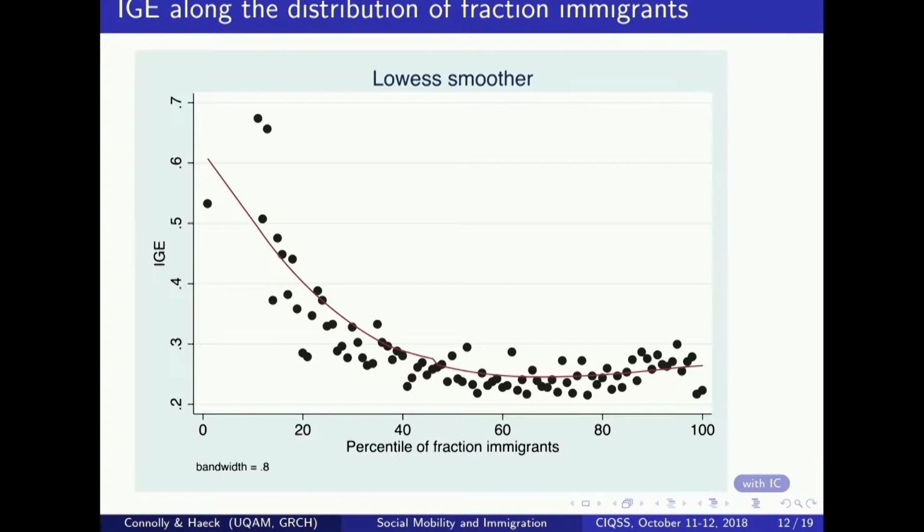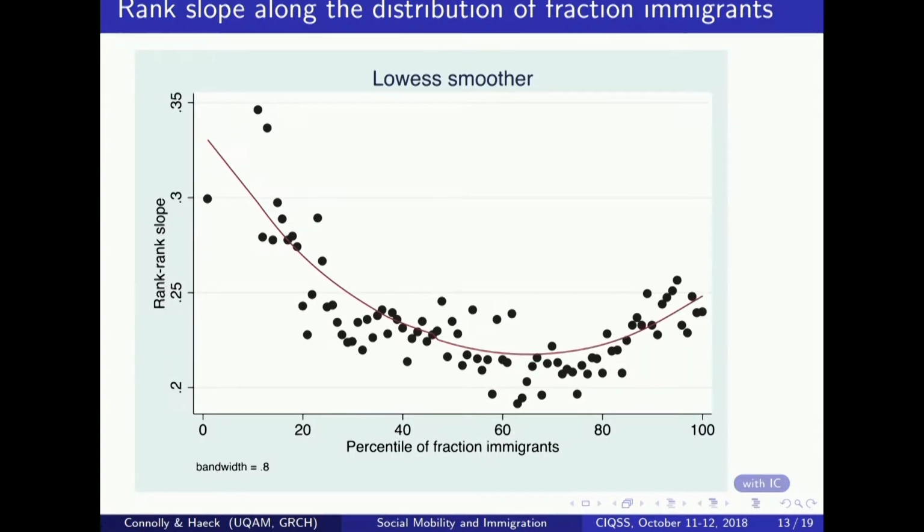So now I split my dissemination areas into 100 bins, and I run the regression 100 times. Well, not quite 100, because the first one here covers a few more percentiles. But anyway, we can do this for the elasticity or the rank, and you get something similar that is going down like this, and then a little bit of an uptick towards the end.